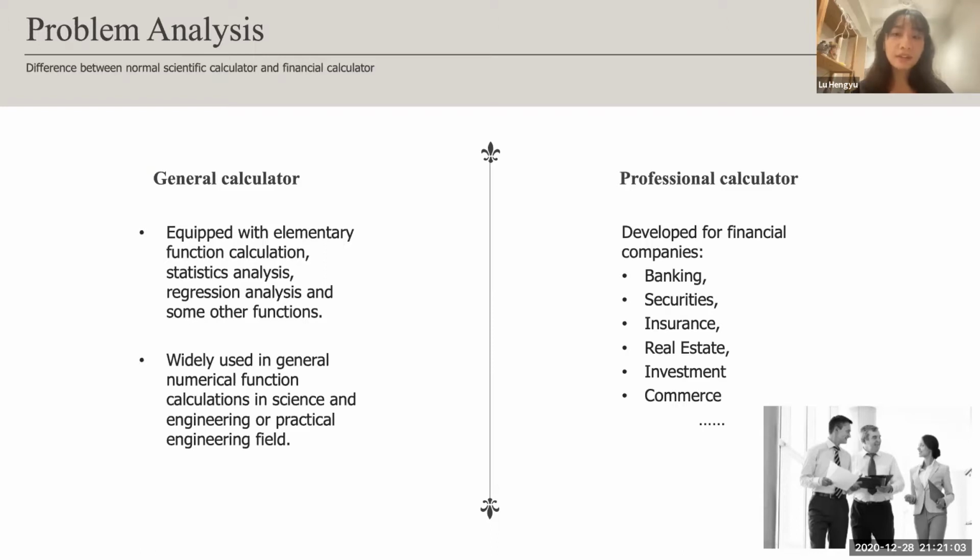The normal scientific calculator is equipped with elementary function calculation, statistics analytics, regression analysis, and some other functions, which are commonly used in general numerical function calculation in science and engineering or practical engineering field, whereas the financial calculator is developed for the financial industries.